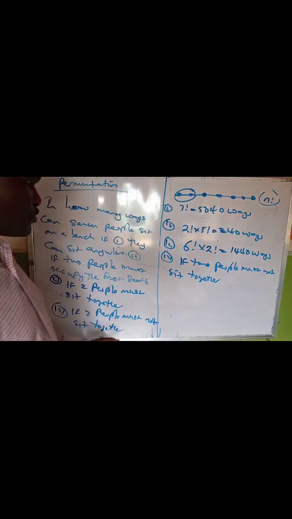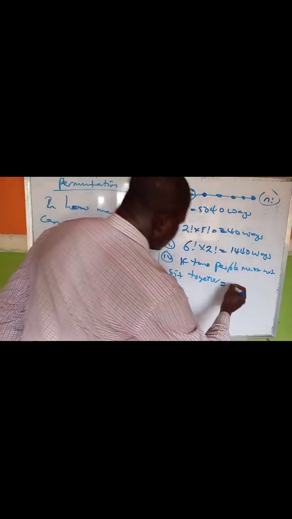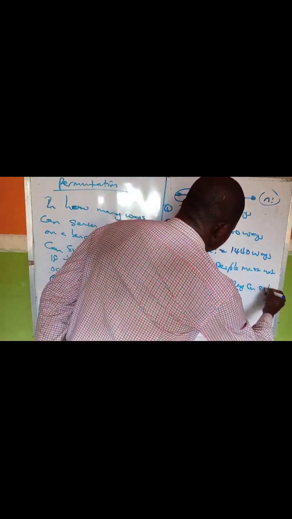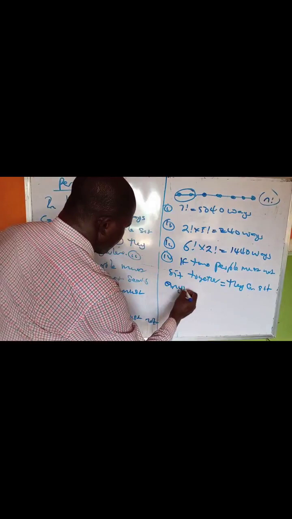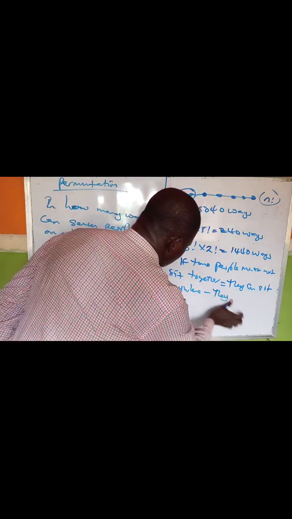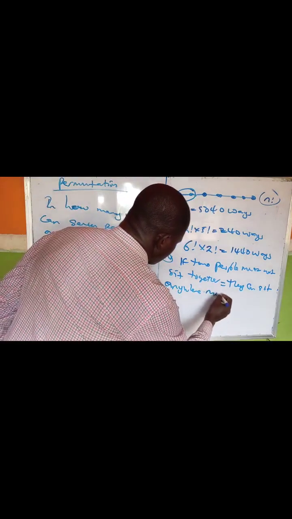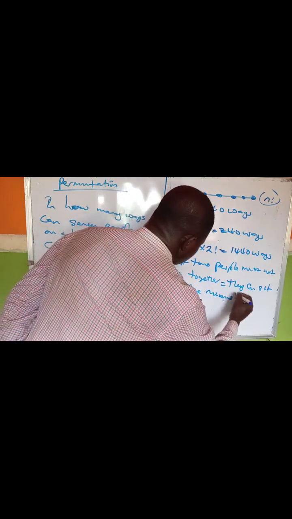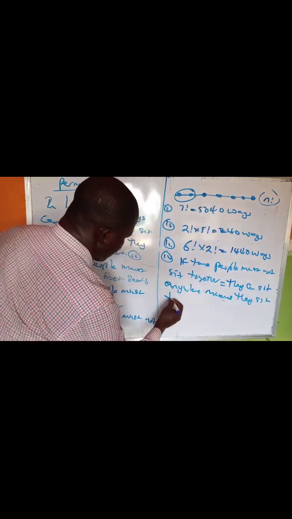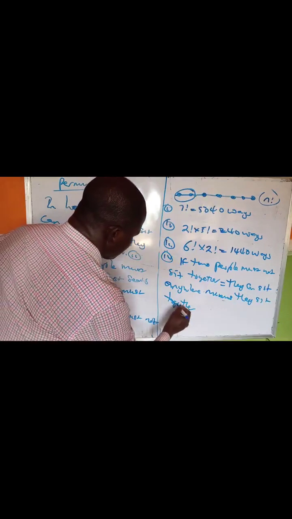So how you are going to solve it is that they can sit anywhere, minus they can sit together. So that's it.